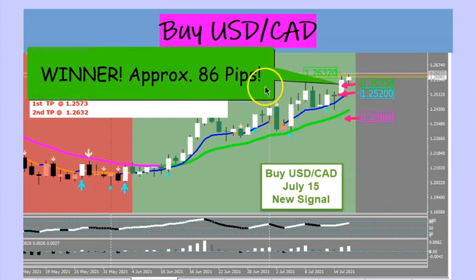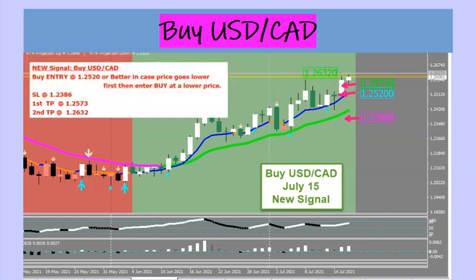So congrats to all of you who took this trade signal after the bit of confusing news and my caution from thinking that the Canadian dollar was going to strengthen based on the good positive Canadian news. The news was actually pretty good for Canada, but like I said, you can never predict where price is going to go. That's why I issued a cancel the trade here.